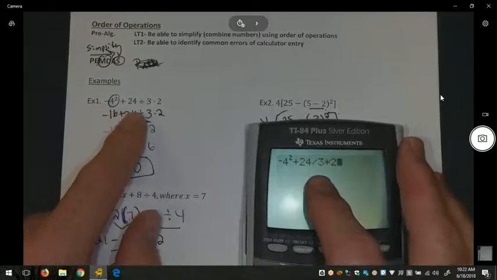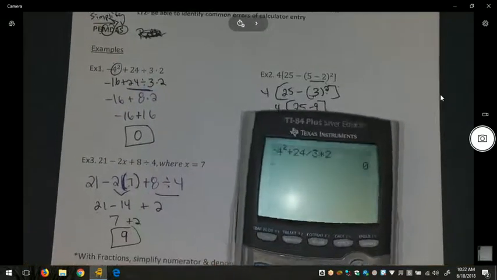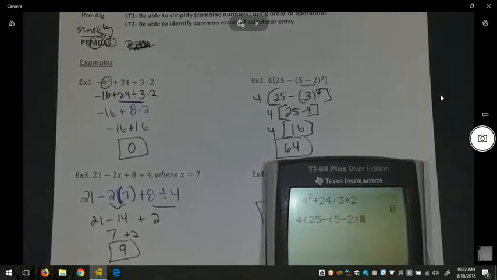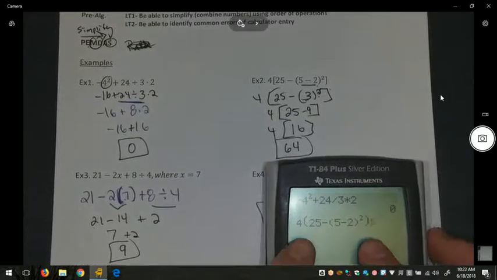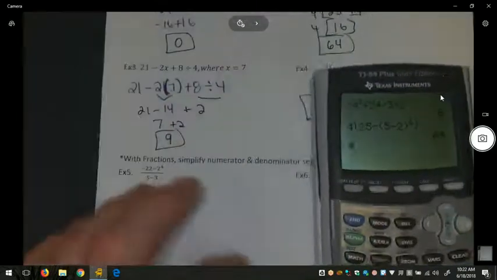Negative 4 squared plus 24 divided by 3 times 2 is 0. 4 times 25 minus, and another set of parentheses, 5 minus 2. Close those parentheses, square it, close the larger parentheses. 64, which is what we got.